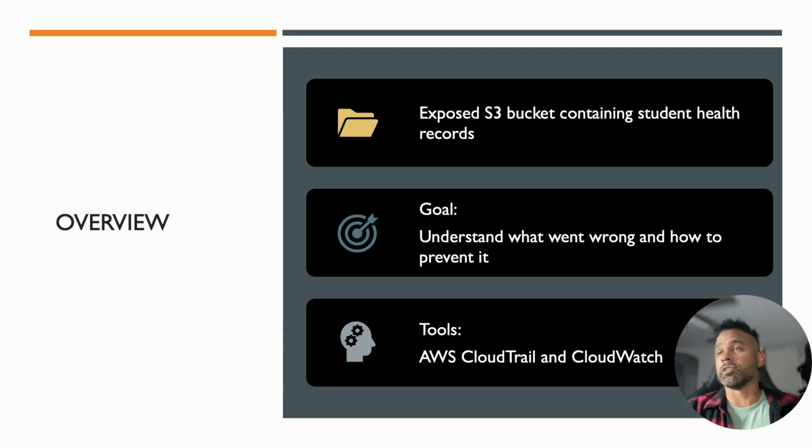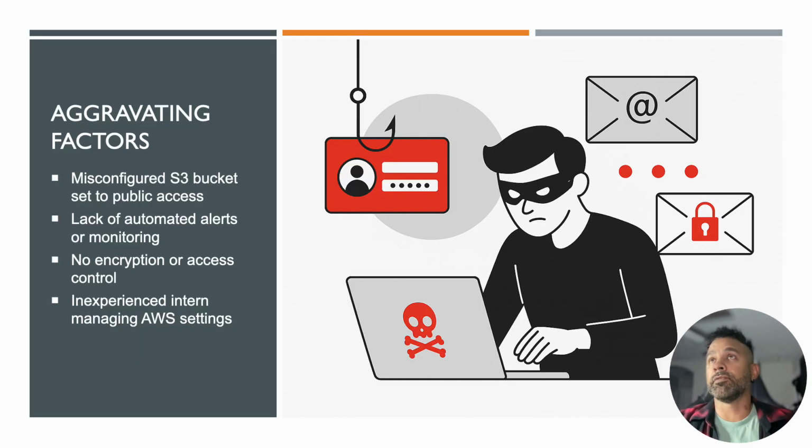The main goal here is to understand what went wrong and how to prevent it, and also how to utilize tools like CloudTrail and CloudWatch so you can keep an eye on any suspicious activity that might happen again.